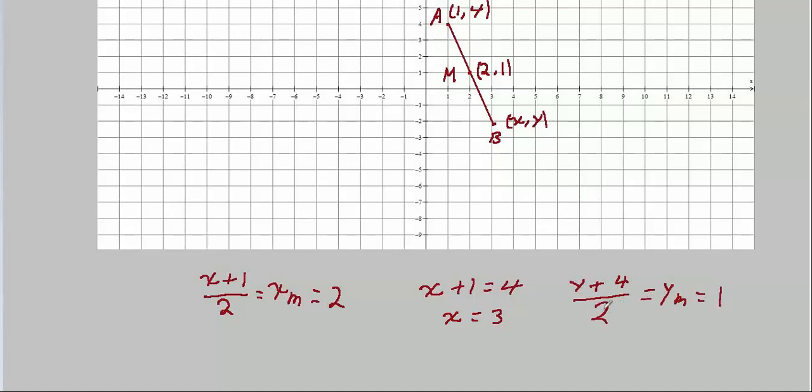Once again, just multiply through by 2, and we get y plus 4 equals 2, or y equals minus 2. Does that make sense? Well, yeah, actually, it looks about right. So now, what we have here is that the coordinates for point B are 3, comma, minus 2.